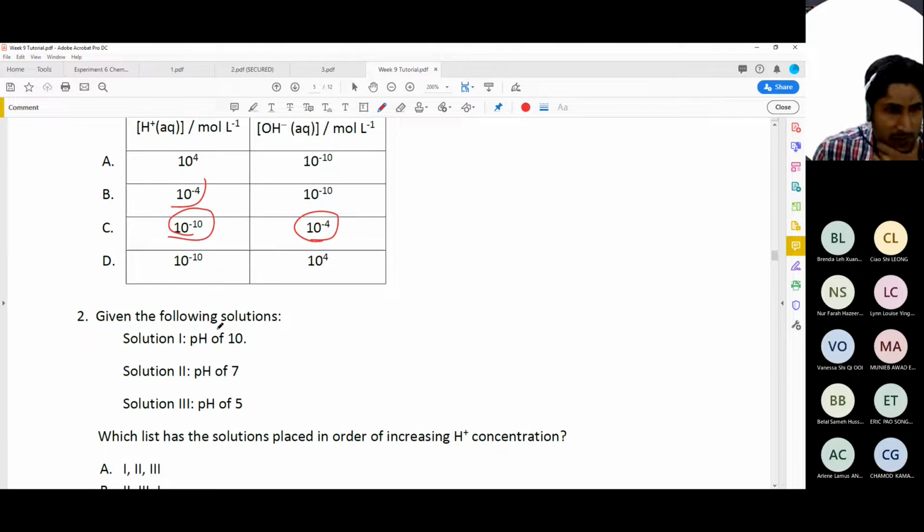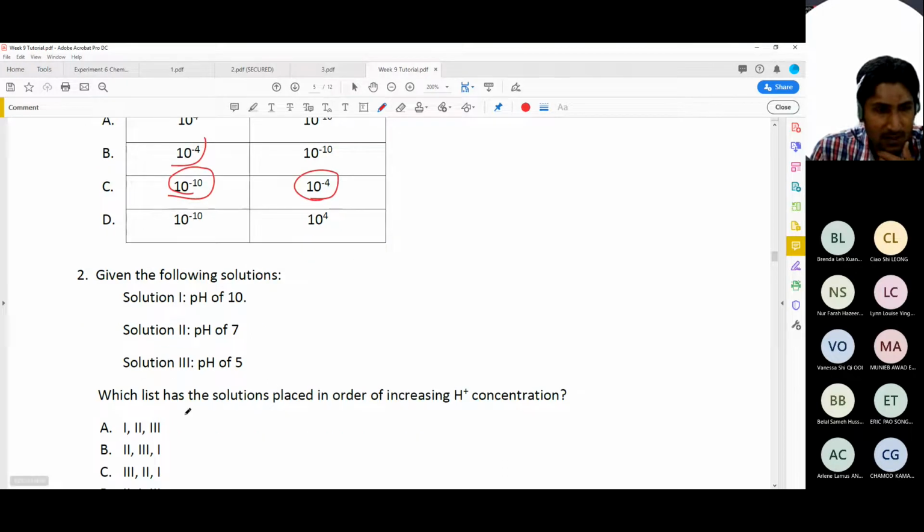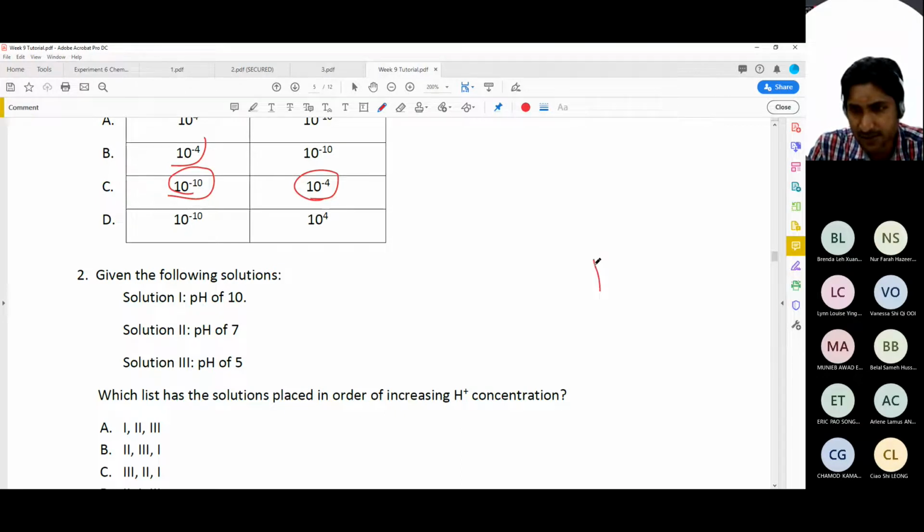Question number 2: given the following solutions, solution 1 has pH 10, solution 2 has pH 7, and solution 3 has pH 5. Which of the lists has the solutions placed in order of increasing hydrogen ion concentration? We know that pH 7 is a neutral solution.